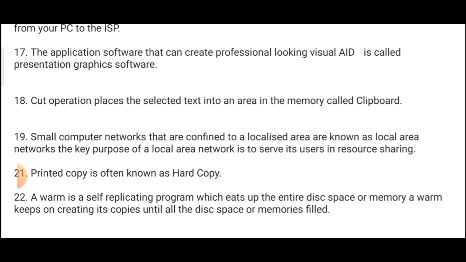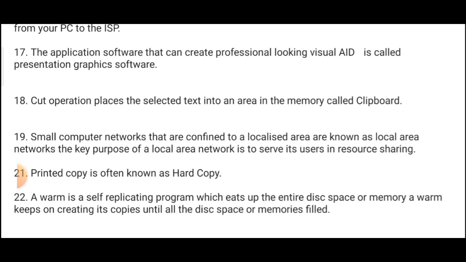Then the printed copy is often known as a hard copy. As we already know, if there is a file in the hard disk or any pen drive or any kind of storage media, then this is known as a soft copy, whereas when you get a printed one, that is known as a hard copy. Then a worm is a self-replicating program which eats up the entire disk space or memory.